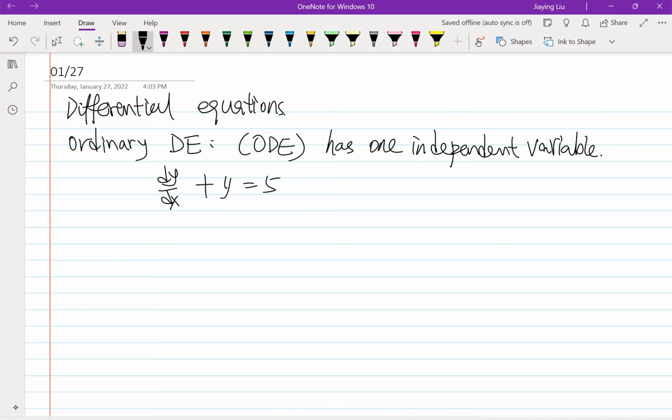So that tells you that the y is the dependent variable, and the x is the independent variable. We only have one independent variable in this equation, which is the x. So that's why we call it ordinary differential equations. So x is independent.